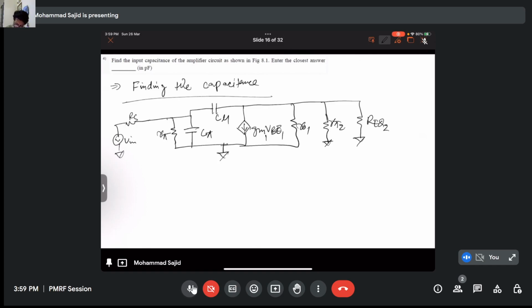So we use the equivalent resistances. Now I have just drawn these two capacitances because we have to find the input capacitance. So we know from Miller's theorem, C input effective will be the C pi plus C mu times 1 minus AV. Here AV is the gain of Q1, right?